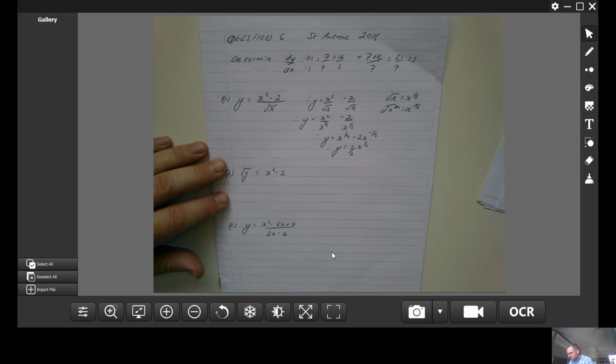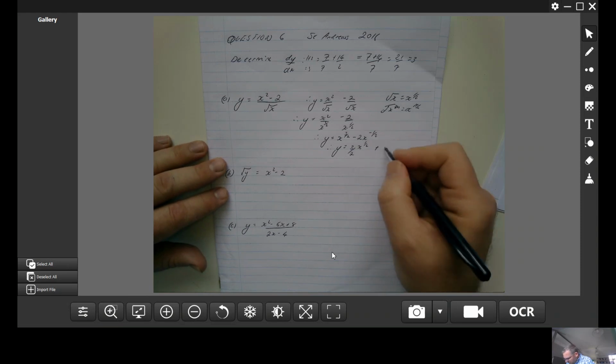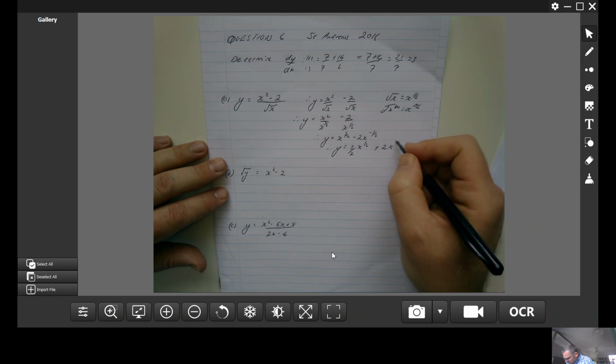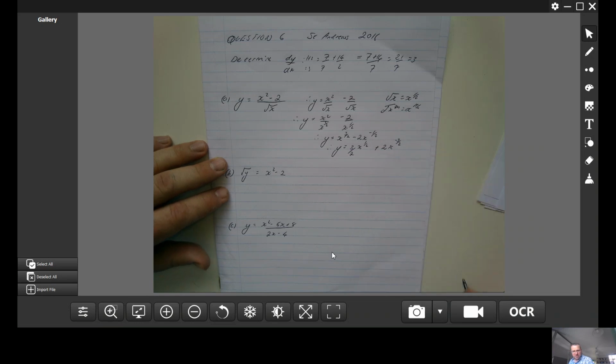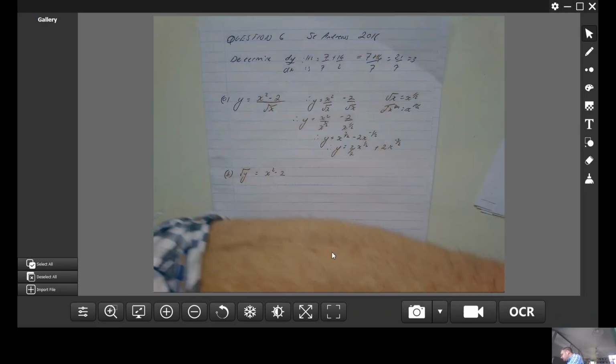So I get 3 over 2 x to the half, plus negative a half times negative 2 is 2, x to the minus 3 over 2. Okay, the question didn't say leave your answer with positive exponents, it just said differentiate.